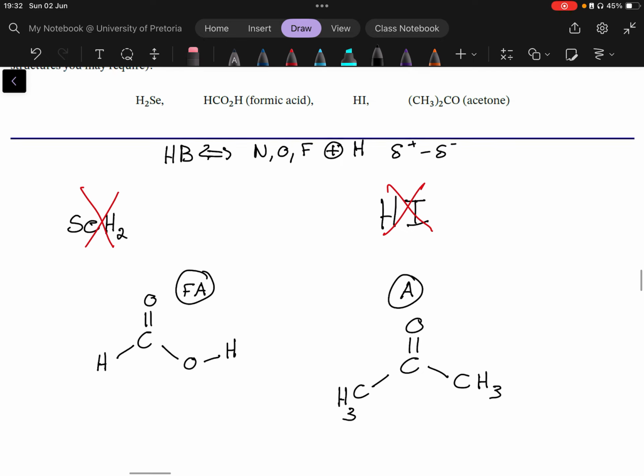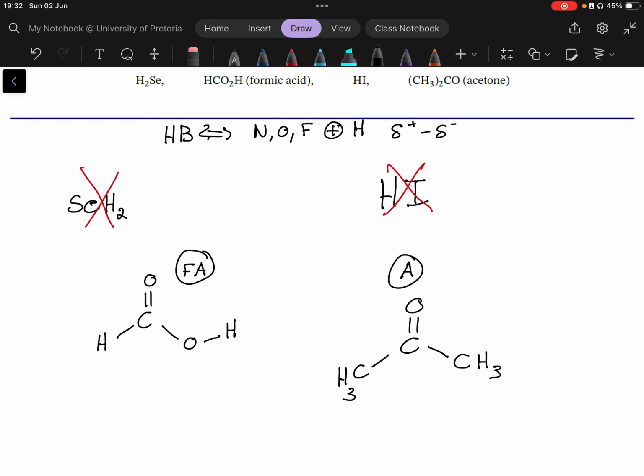which one of these complies with the fact that it has an OH bond that is polar, or a polar NH or FH or whatever bond. And we can see that the formic acid has that situation. It has an OH.